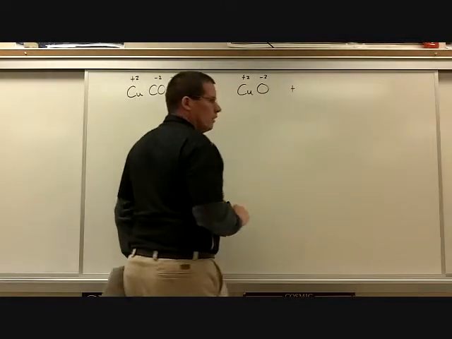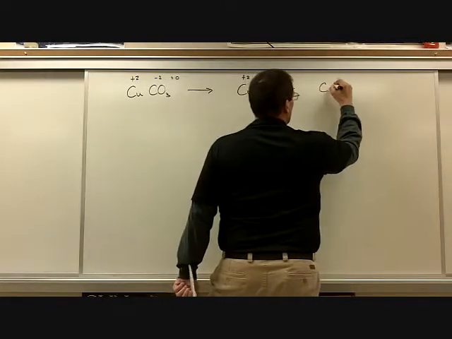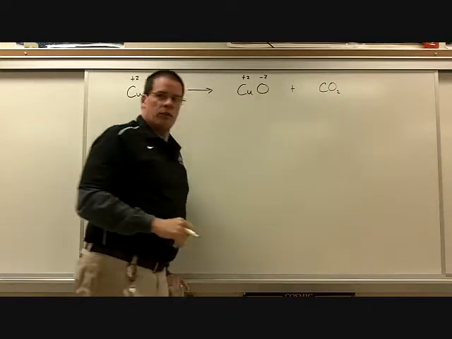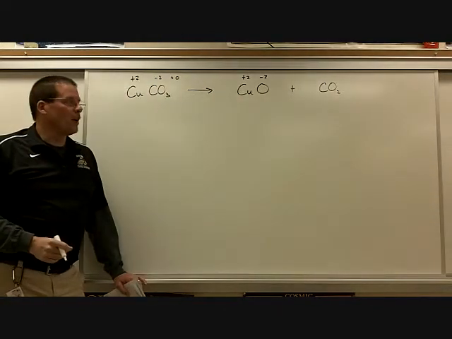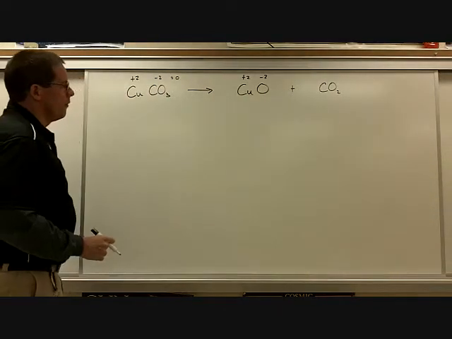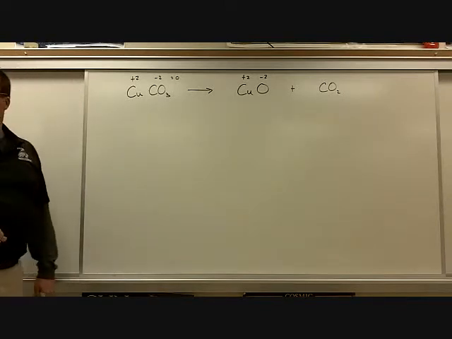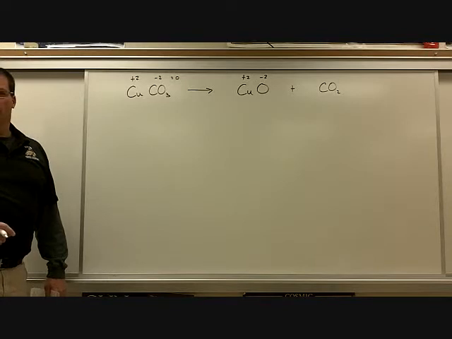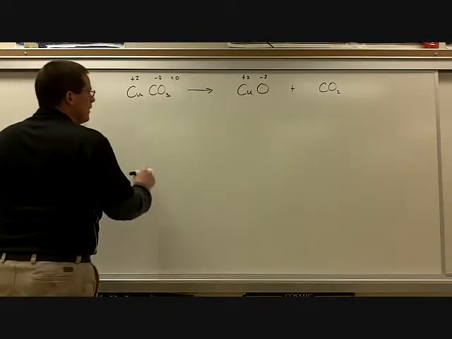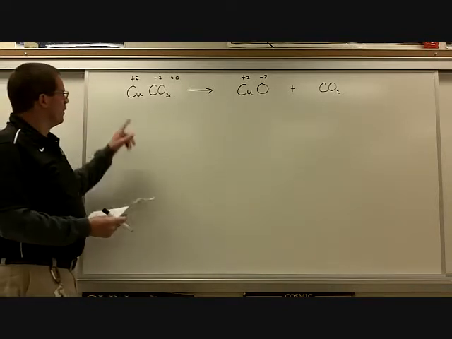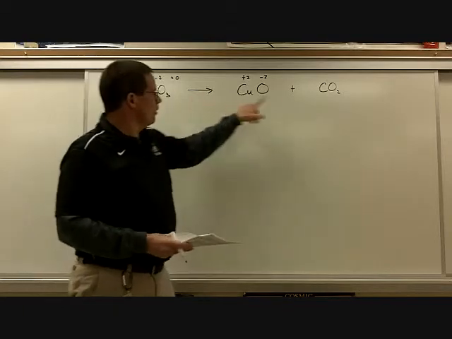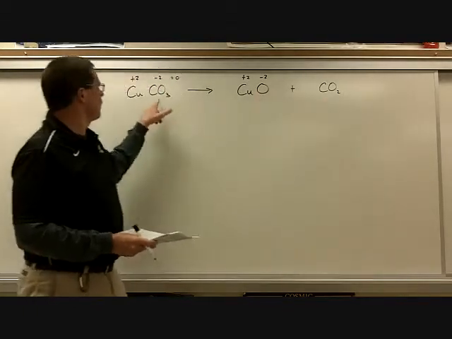What's carbon dioxide? Good. And the reason why it has the di in there is because we have a nonmetal with a nonmetal. Now, this is going to bum you out, but can anybody tell me if that's balanced or not? No, probably not. Really? Copper, copper, 1 carbon, 1 carbon, 3 oxygen, 3 oxygen.